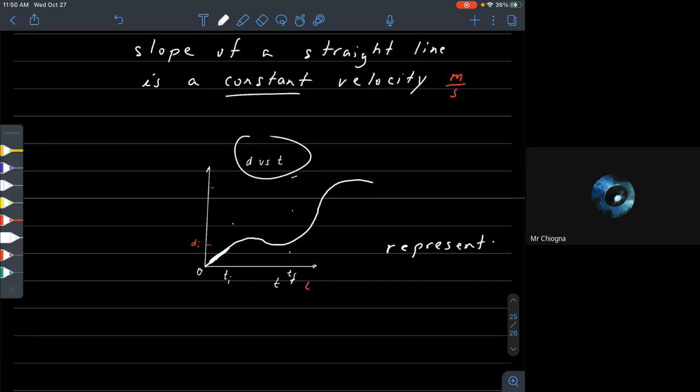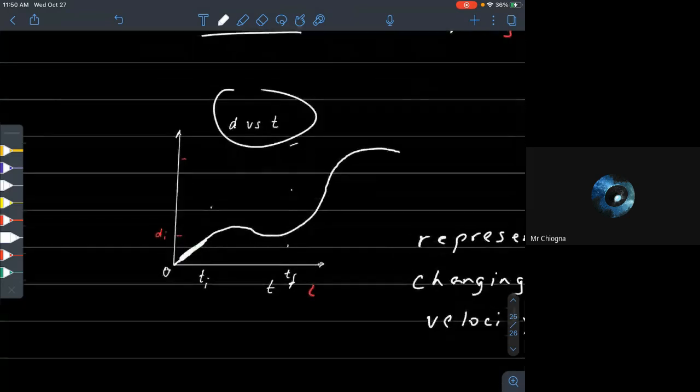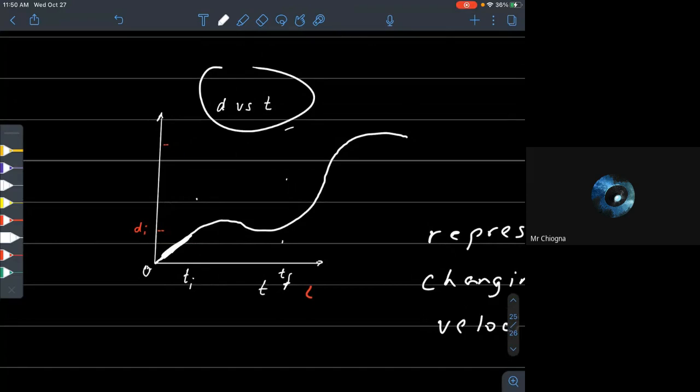So this graph represents changing velocity. Not the same at every point. So it doesn't make sense to talk about a constant velocity in most of these positions here.